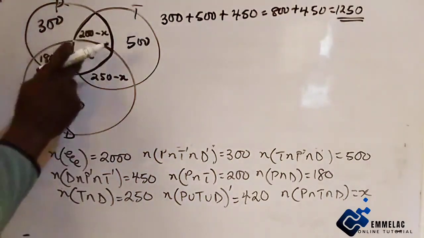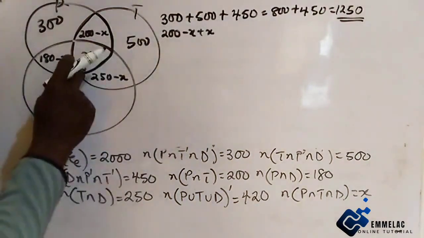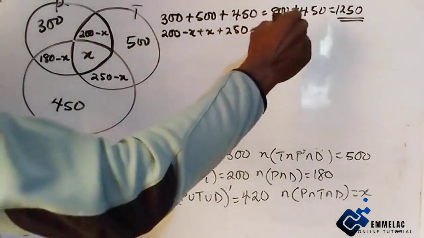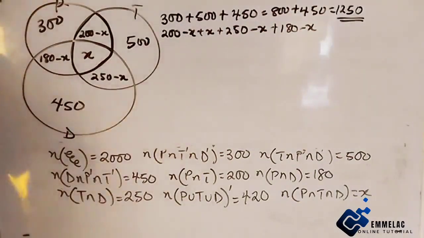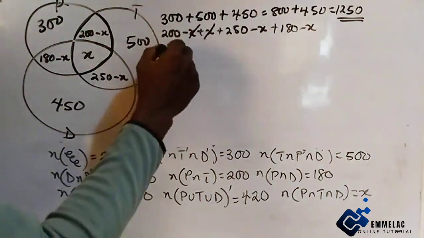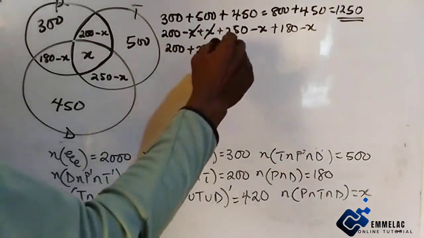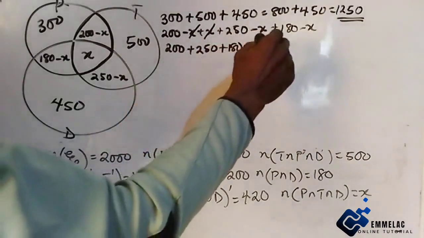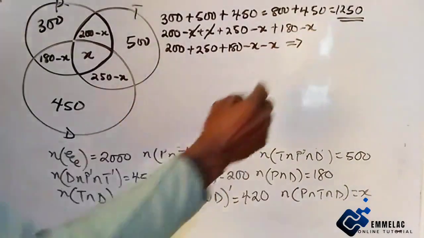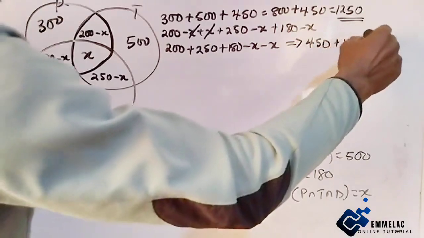Now let us add the others: 200 minus X plus X, plus 250 minus X, plus 180 minus X. The X cancels, so we are left with 200 plus 250, which gives us 450, plus 180 minus X.